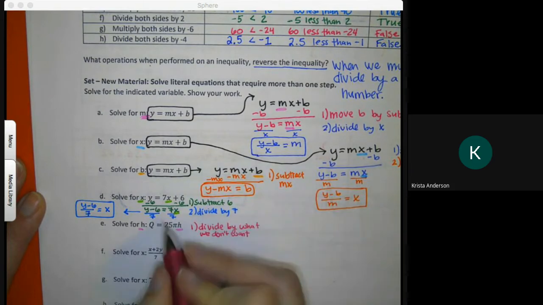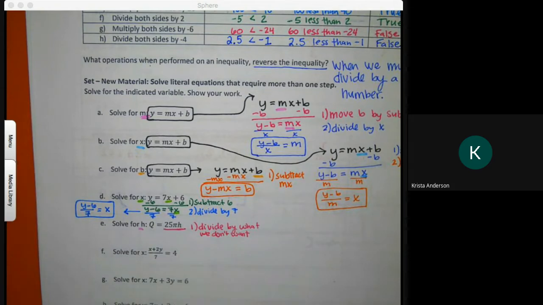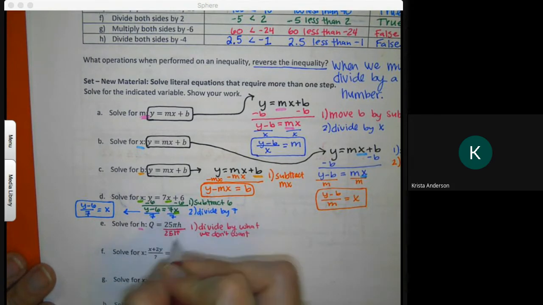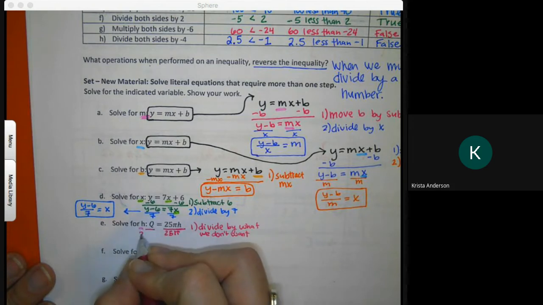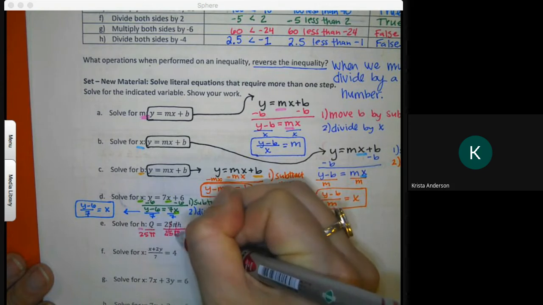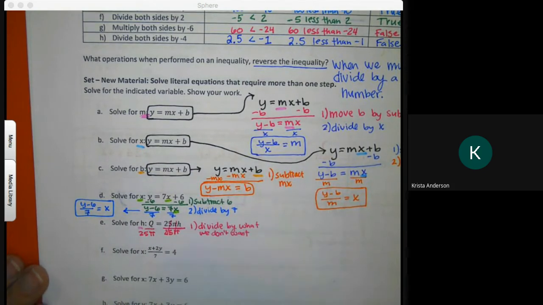So, when I look at this, what do I not want? 25. I don't want the 25, and I do not want the pi. So, if I do that to one side, I have to do it to the other. Boom, that crosses out those, and H is alone now.